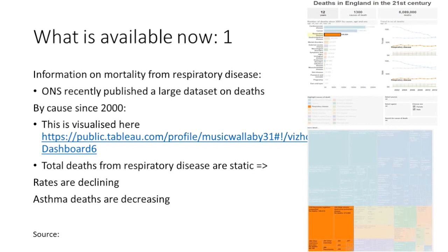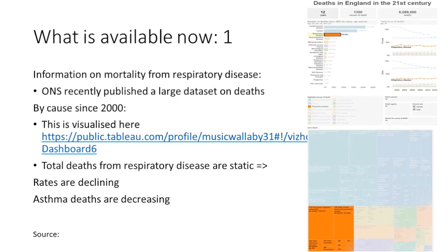Okay. So what's available now? Just to put things in context, this is a visualization that I created for Public Health England. It's taking something that ONS produced, which is a data set of all the deaths this century in England. Respiratory disease is the third biggest killer.